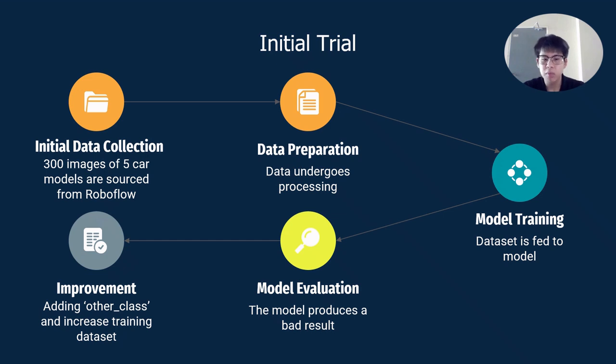And in the end, the model came out with a bad result, where it could not really classify the car models, or it classified the car models wrongly. So to make an improvement, we added the other class to increase our training data set, as we suspected that our training data set was not big enough for the model to learn and train.